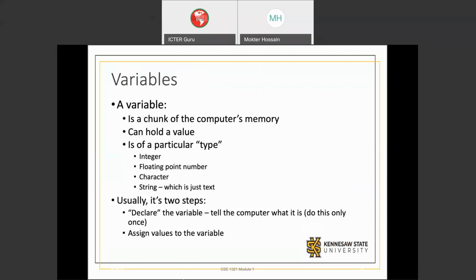Variable. We will learn about variables. So what is a variable? A variable is a chunk of memory location that has a name. A variable is a name of a memory location that holds some value, some data. All programs, as we will work through, contain some kind of data.